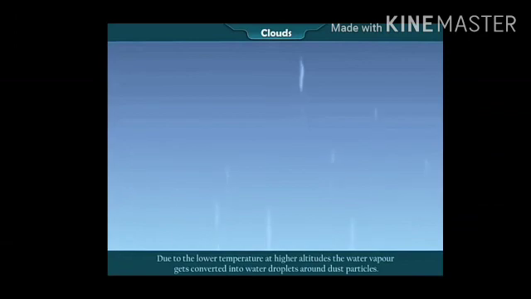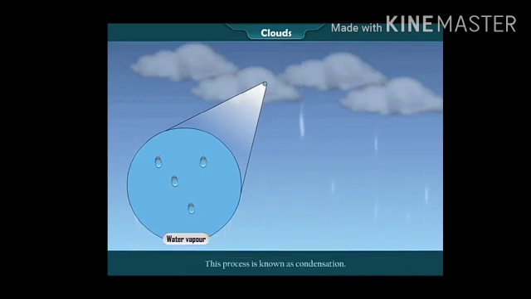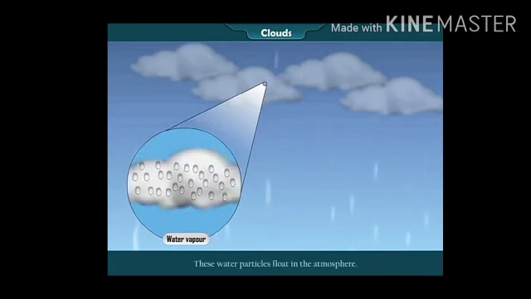Due to the lower temperature at higher altitudes, the water vapor gets converted into water droplets around dust particles. This process is known as condensation. These water particles float in the atmosphere. A collection of such minute water particles is known as a cloud.